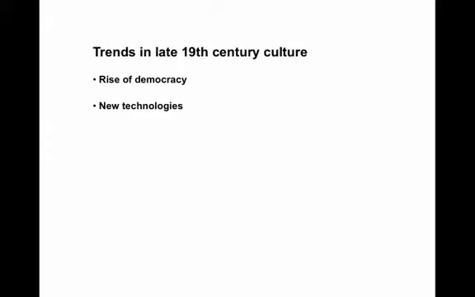At the same time, we have a continuing development of new technologies. So we see the first use of iron in terms of reinforcing in modern architecture in the late 1700s. 1851, we have the spectacular Crystal Palace in London, 1,851 feet long, all in iron frame filled in with glass.